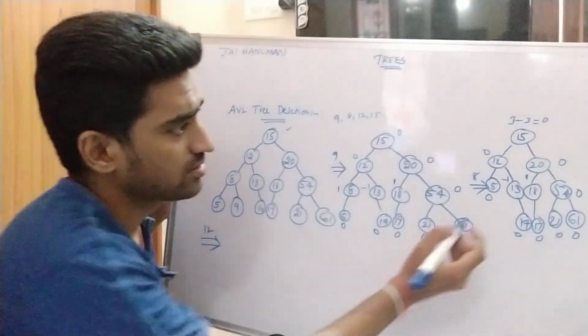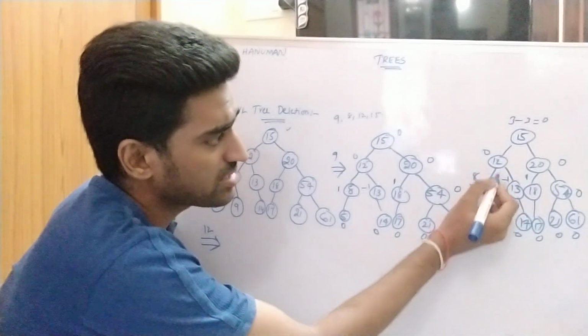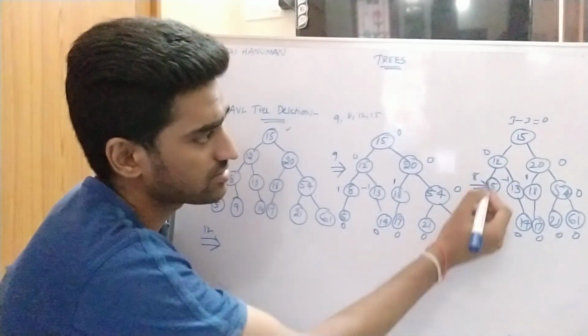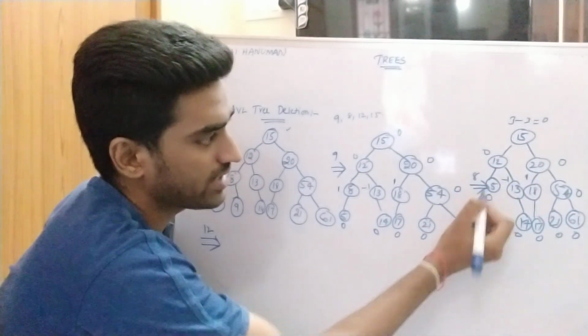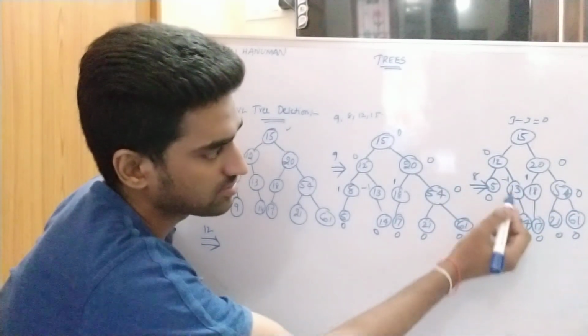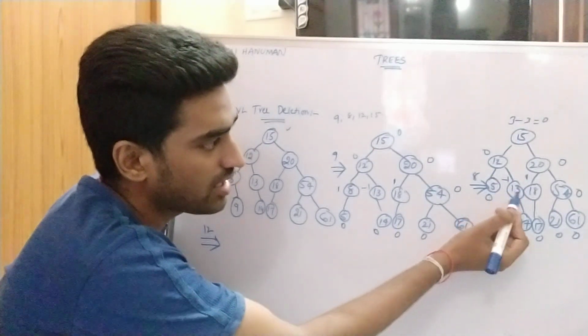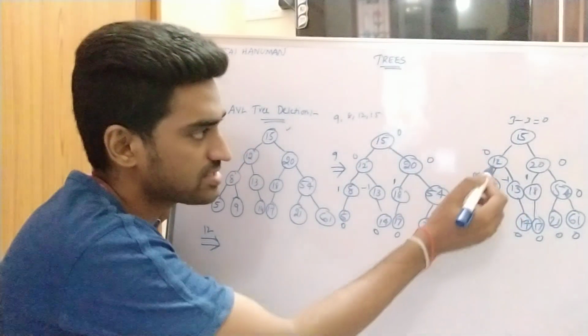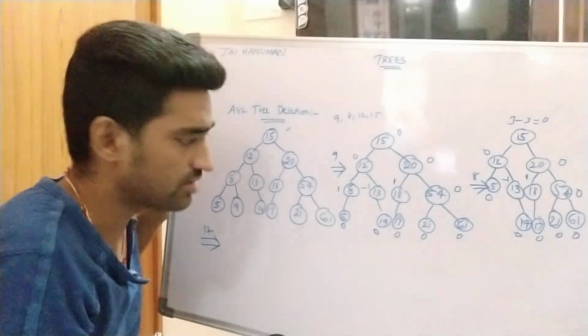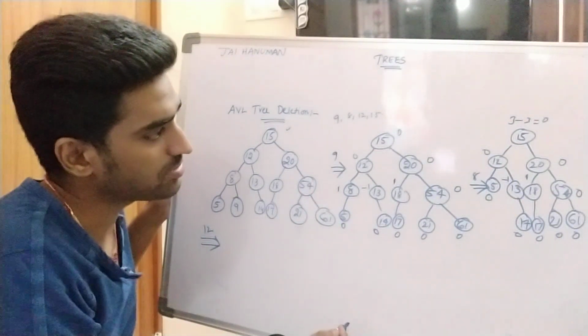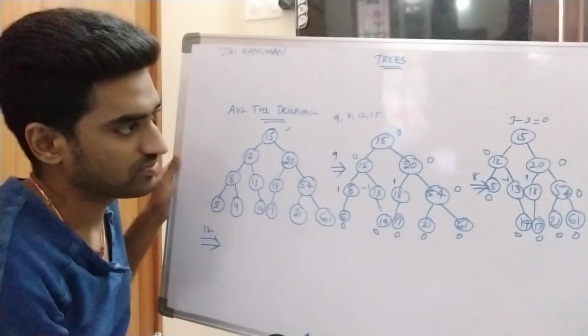So what is the maximum left child for this node? 5. What is the minimum right child? 13. Either you have to use 5 or 13, replacing 12, right?